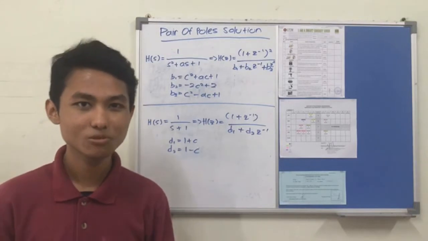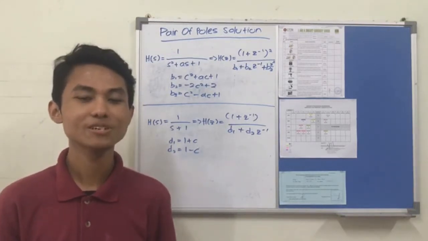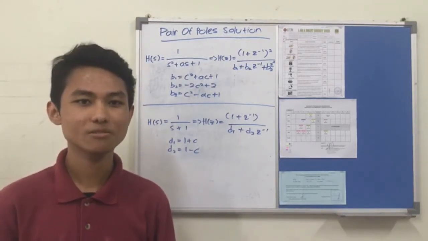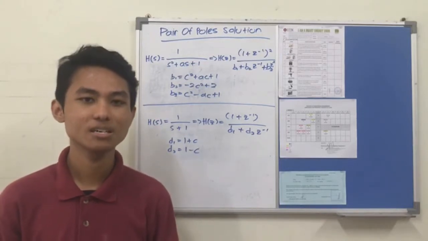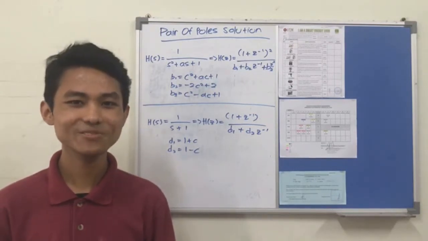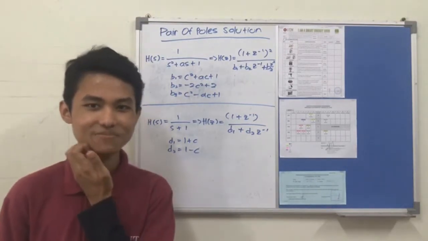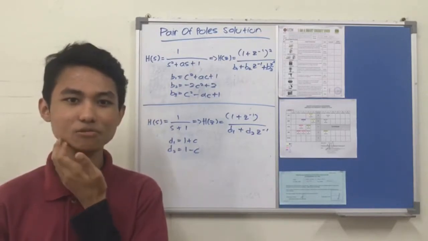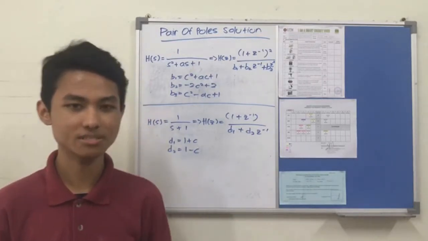Now I will explain my part, which is the pair of poles solution. As in example 2 that my friend has explained before, there are two pairs of poles, which is n equal to 4, or order 4, fourth order. Thus, the denominator for H(z) is presented by the multiplication of two sets of second order expressions.